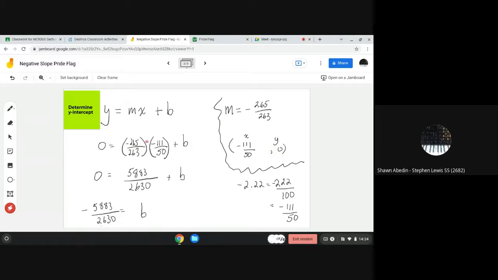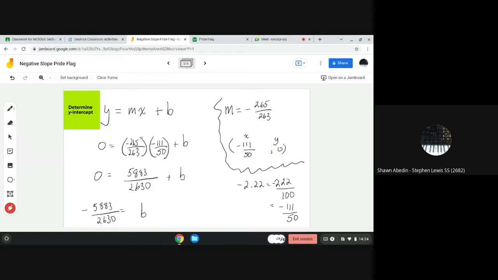So for y, we substitute 0. For the slope, we substitute negative 265 over 263. For our x value, we're going to use a fraction just because it becomes a little bit difficult if we are mixing decimals and fractions, so I just thought I'd be consistent and use fractions.